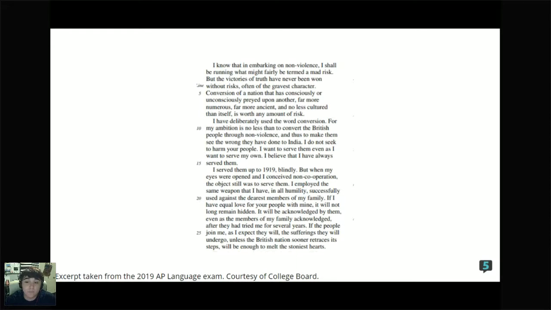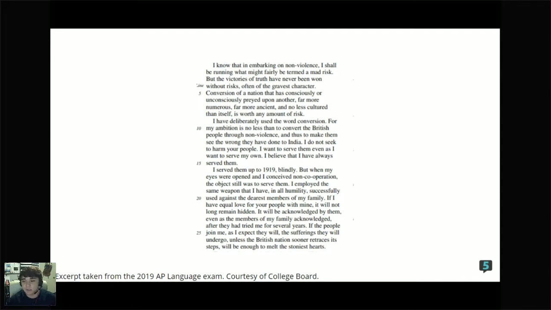And then you have words such as humility and successfully, and then conversion, nonviolence, retraces its steps to melt the stoniest hearts. If I have equal love for your people with mine, it will not long remain hidden. There are certain words that Gandhi could have chosen to use.